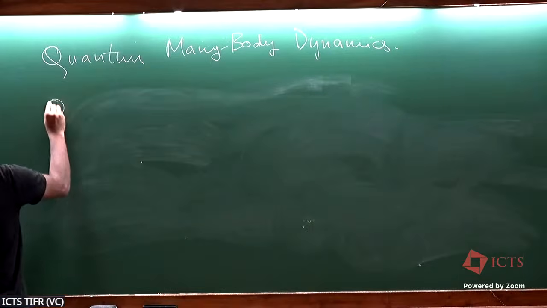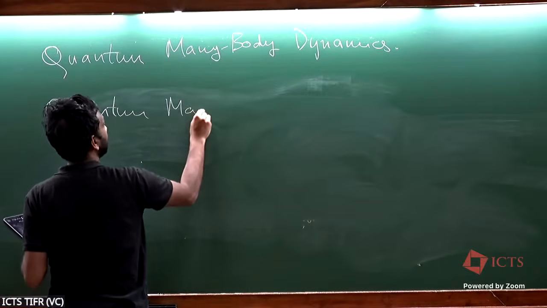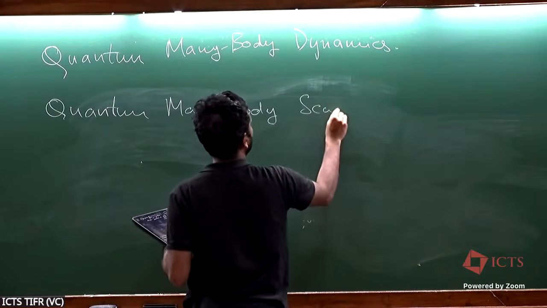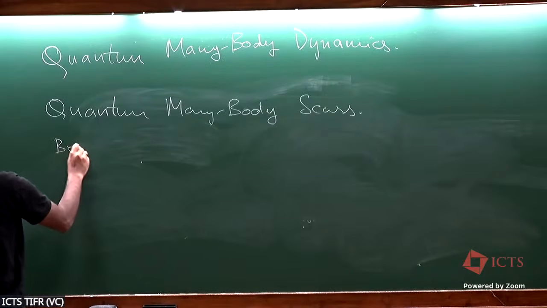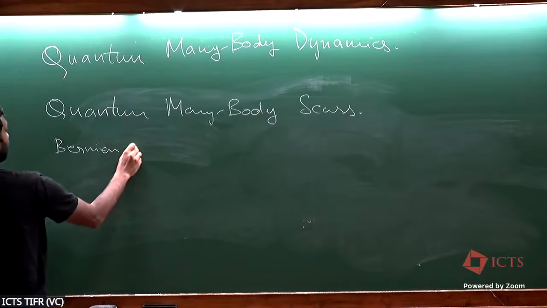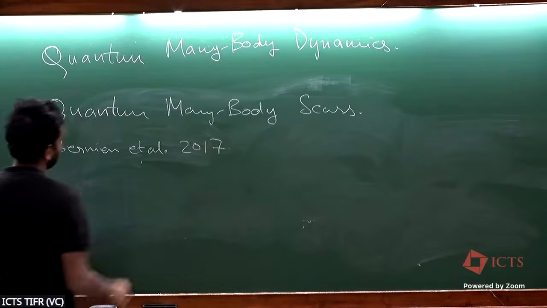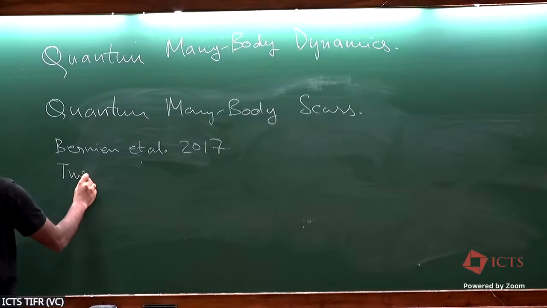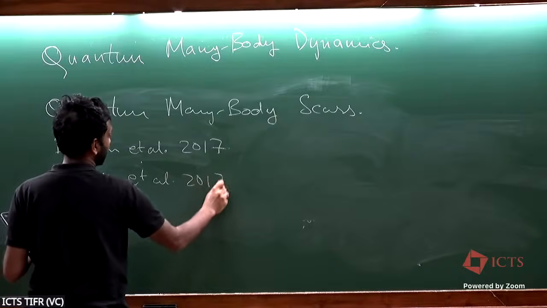So one phenomenon goes by the name of quantum many-body scars. And this is really work, there are many references, but first it was discovered experimentally at Harvard, and then there was a theoretical proposal also in the same year.